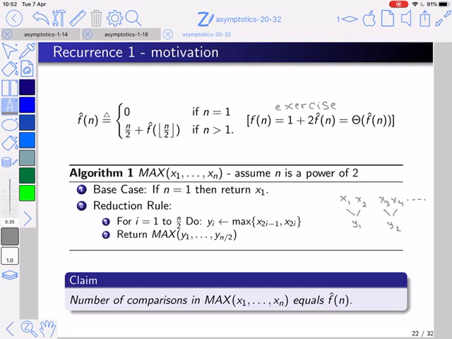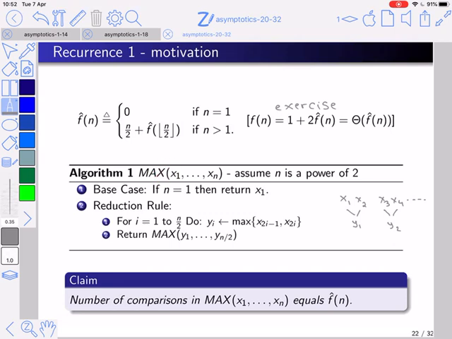As a result of this reduction stage, we are left with n over 2 yi's. Now we apply the procedure recursively to y1 up to yn over 2. So I think you all see immediately that this procedure is correct.